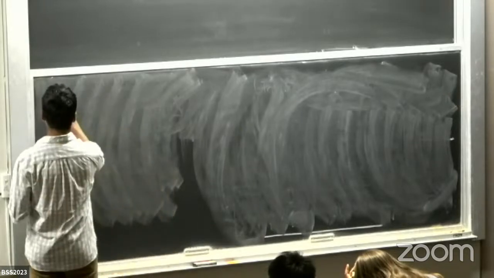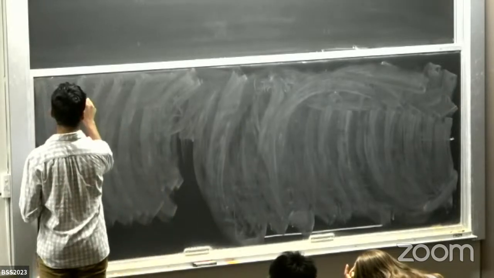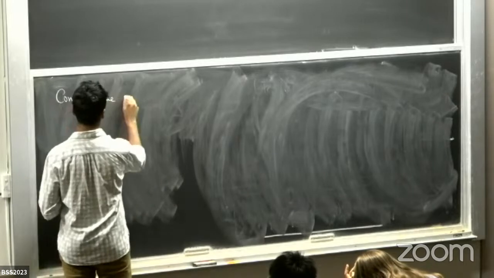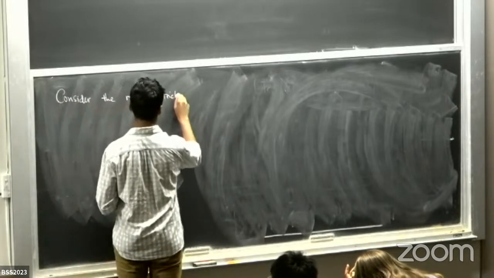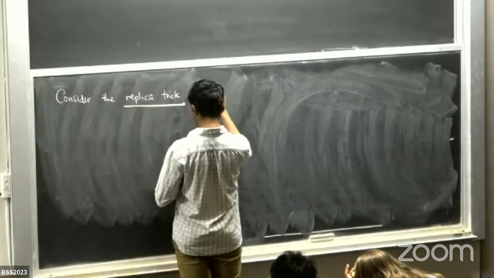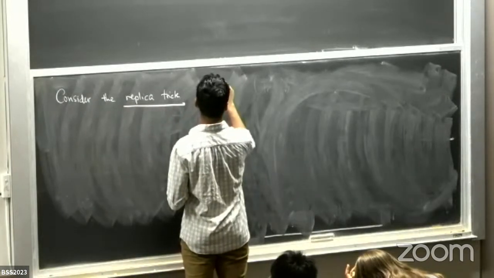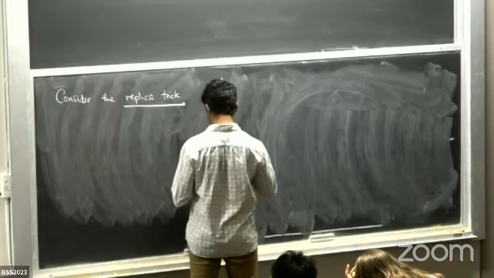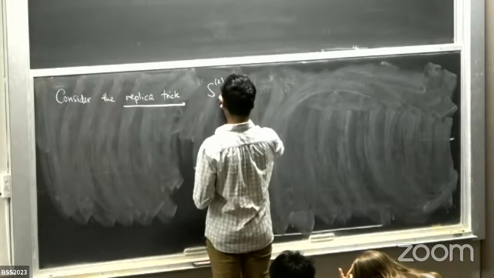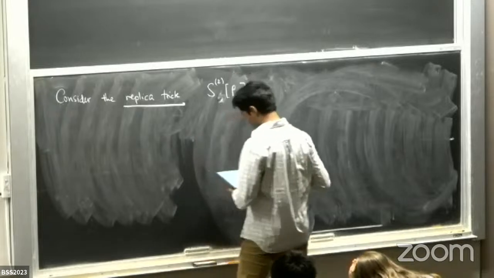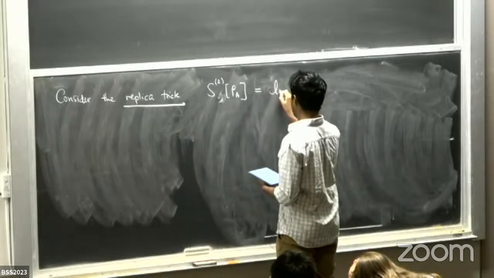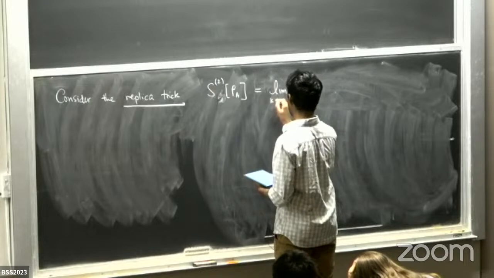Okay, so let's consider the replica trick for the second Renyi entropy. For the second entropy, the replica trick is basically like the von Neumann entropy.